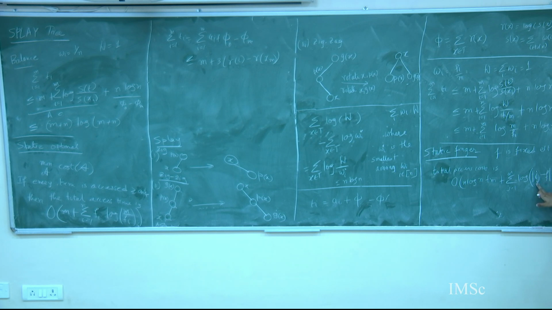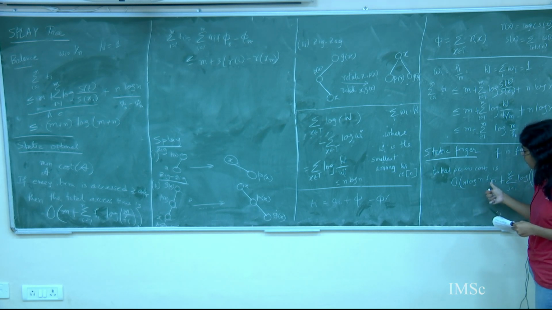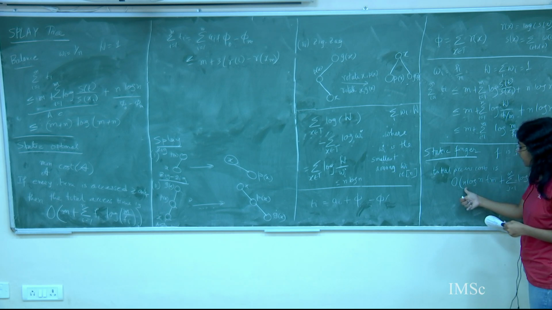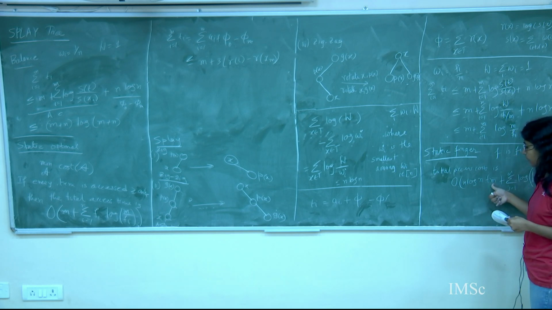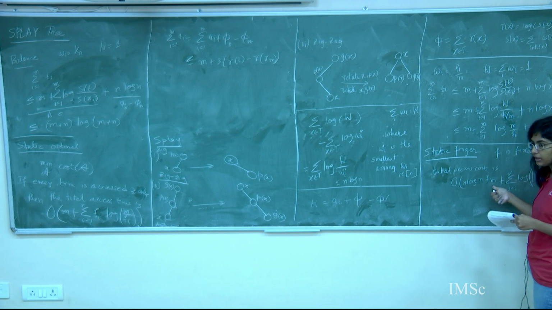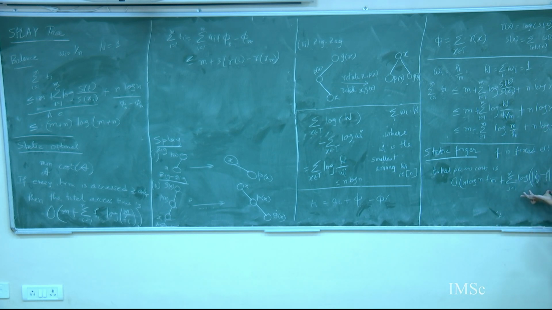Ij is the key value of the element at the jth step. So this gives you the absolute difference between the key value of the finger and the item accessed at the jth step. Here n log n is something like the setup cost, m is the one cost you spend per access, and this is the extra term.